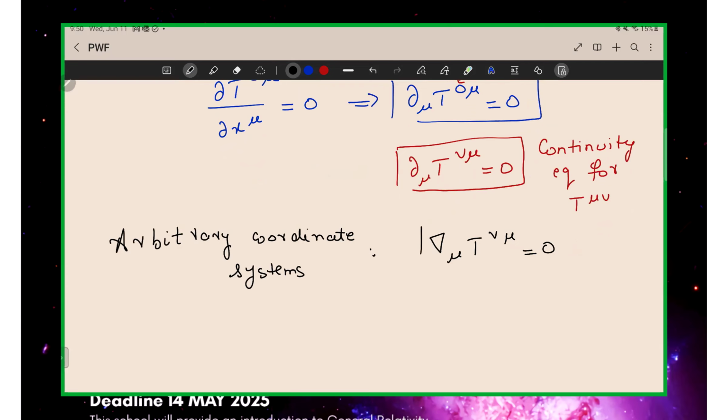But this equation is covariant. It will have the same form in all coordinate systems. So yeah, that's a good point. I was going to come to that in some minutes. Okay. Any other question? What is the physical significance of this equation? It tells you, as I said earlier, that if you have a region, any change in energy in that region should come from the boundaries.